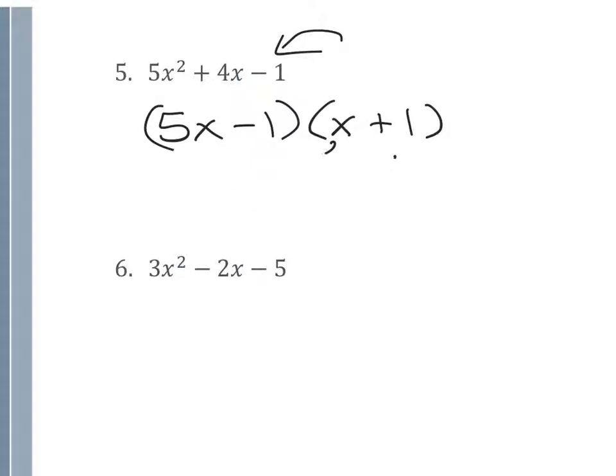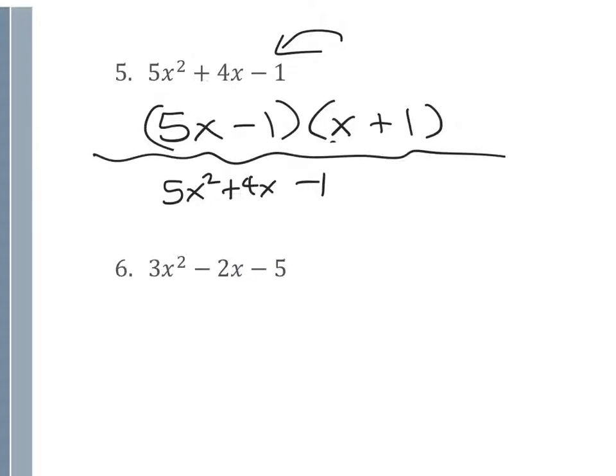Now, if you factored it by grouping, 5x squared plus 4x minus 1, the original problem. Again, you're going to multiply beginning and end. Looking for factors of -5 that give me positive 4. So -1 times positive 5, because when I add -1 plus 5, I get the middle.